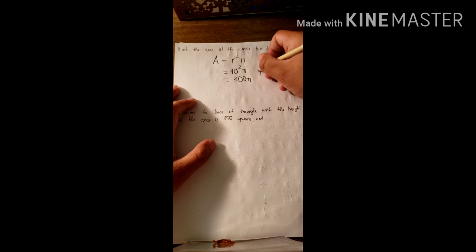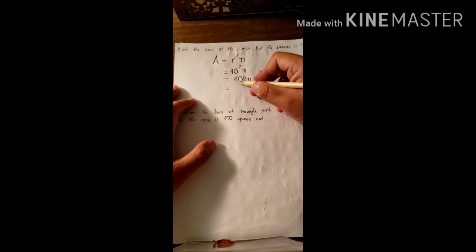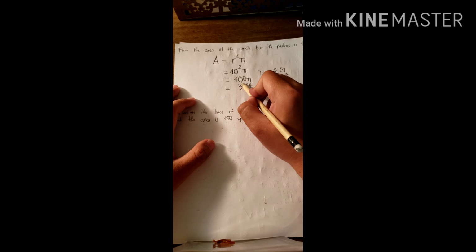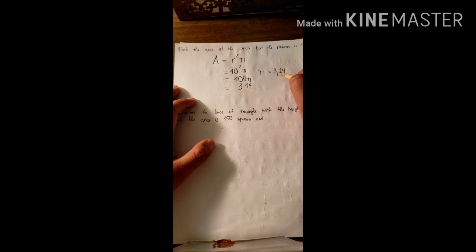But the pi in here, we know that it is 3.14. So when we multiply 100 by 3.14, we get 314, because we move the decimal point to the right. So that we have the answer key.